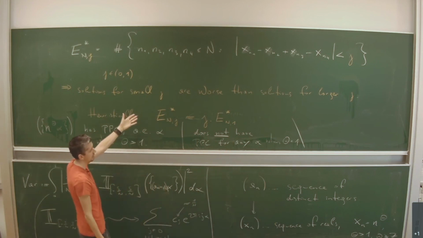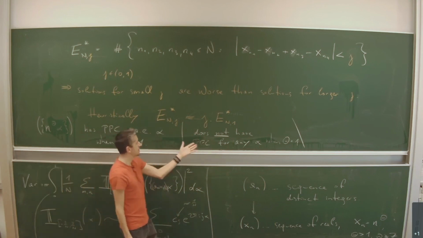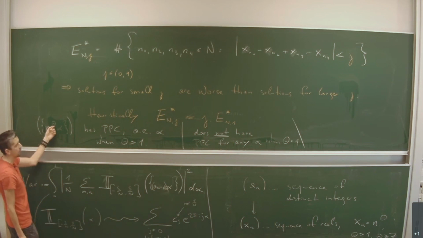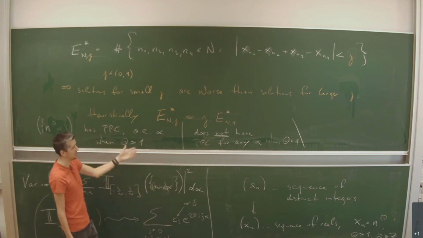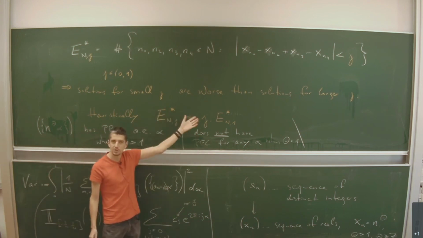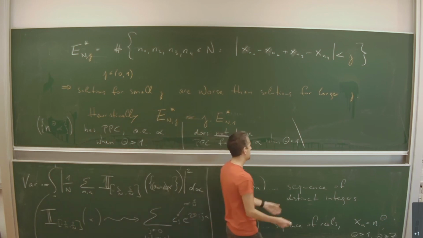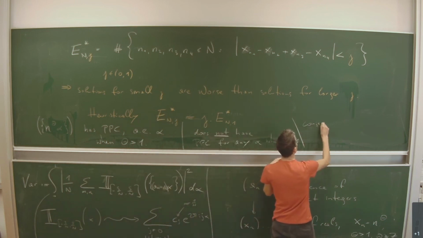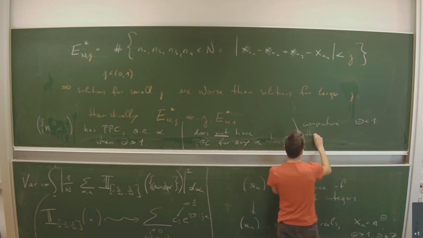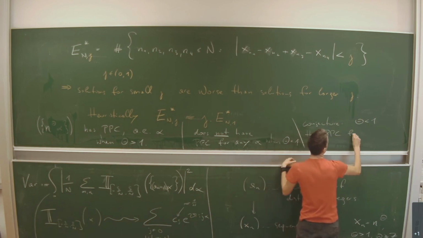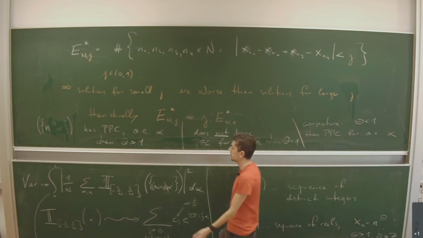And in this interpretation here, the reason is that the difference between n to the theta for something bigger than 1 or n to the 1 is that here we only see integers, and here we see other things also, and here we do have this small-scale regularity in the number of solutions, which for integers we don't have. And we believe, we conjecture, that when theta is smaller than 1, then we should have Poissonian pair correlation for almost all alpha of this sequence again.